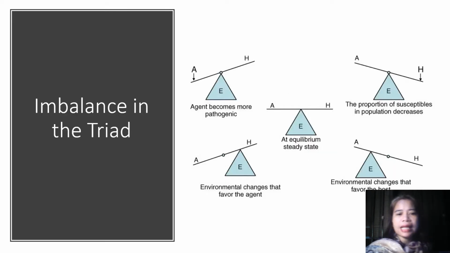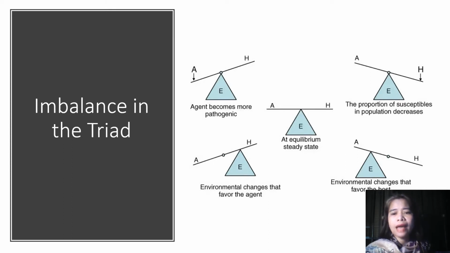So this is an example of a particular imbalance in the triangle or in the model. When the agent becomes more pathogenic, the environment basically favors the growth of the agent. And when the environment changes and favors the agent, the host becomes less favorable for survival.